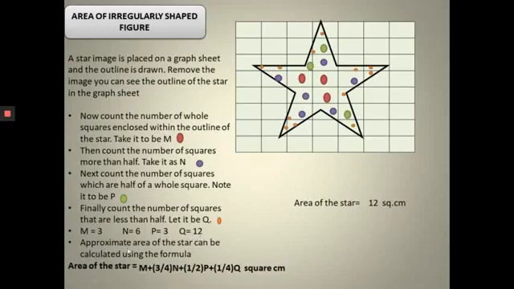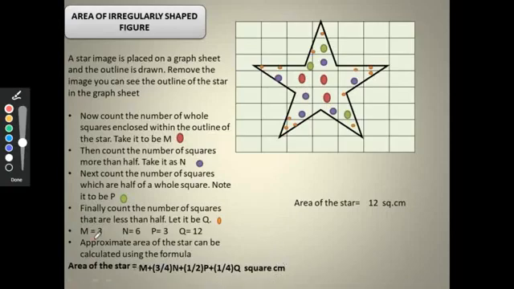So the approximate area of the star can be calculated using the formula: area of the star is equal to m plus 3 by 4 n plus half into p plus 1 by 4 into q square centimeter.